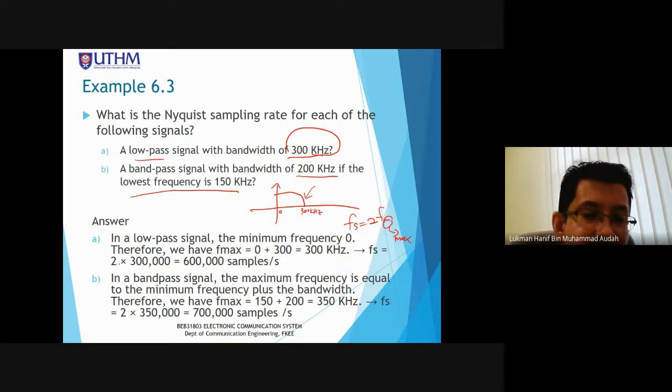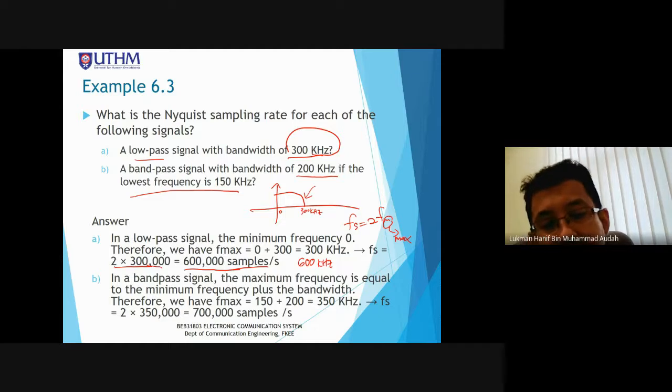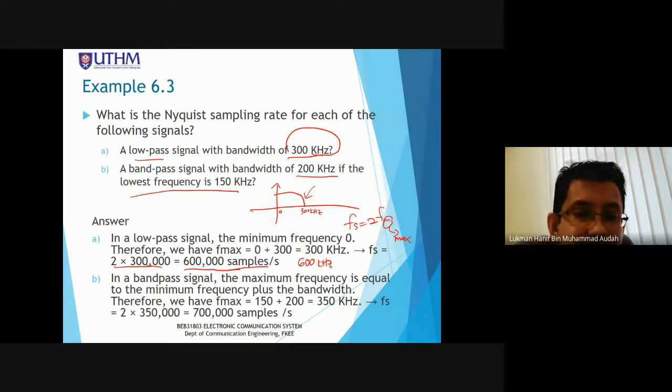That means the sampling rate is 2 times 300K. So we get sampling is 600,000 sample per second ataupun 600 kHz. Okay, sampling rate boleh jadi sample per second ataupun dalam sebutan hertz. Boleh, tidak ada masalah.